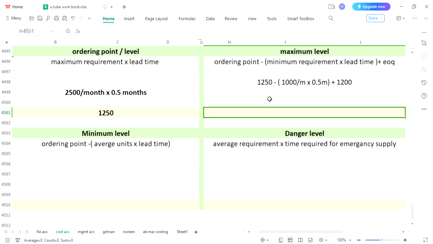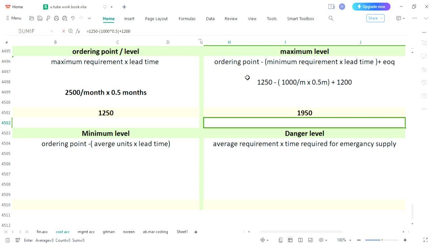Finally, statement has been completed, so we can calculate our answer, 1250. Please follow this formula. Then again we have sign of subtraction, bracket start 1000, and it is multiplied by 0.5, close your bracket, and then add 1200.